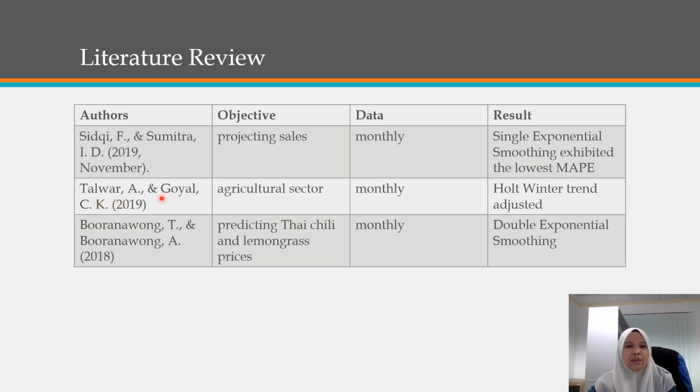Talwa and partners, from the agriculture sector, used Holt-Winters trend adjusted as a method to predict agricultural prices. And last is from Thailand, predicting Thai chili and lemongrass prices. The data is also monthly, and the authors Boranawang and partners said that double exponential smoothing is the best to predict their price.